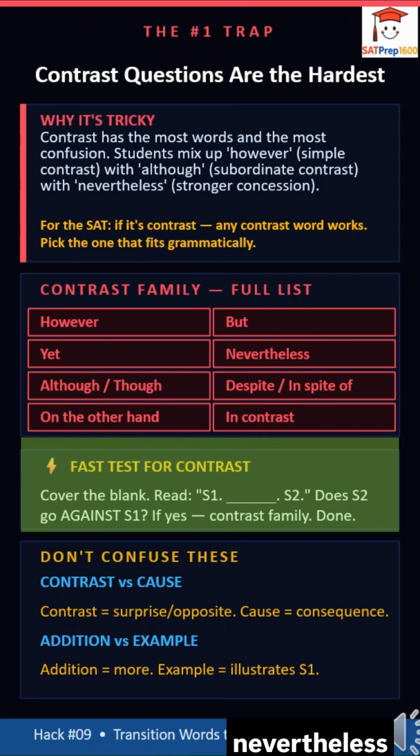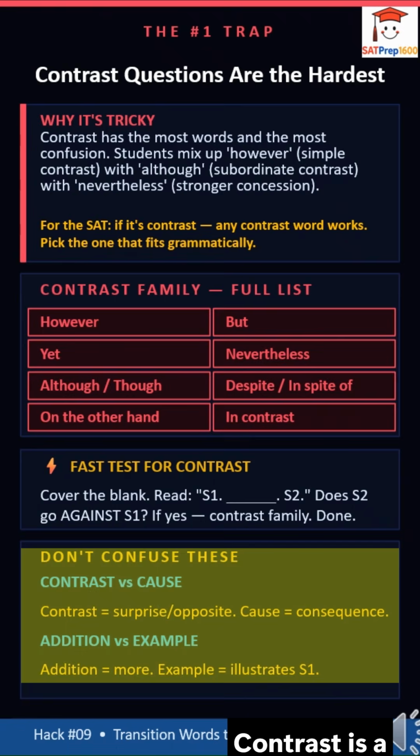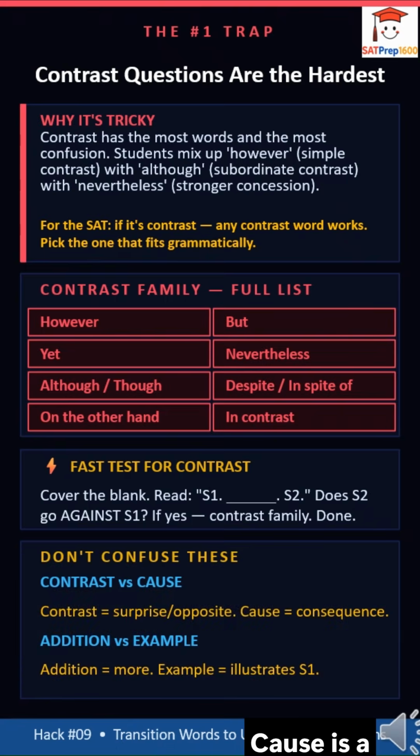Fast test. Cover the blank. Does sentence 2 go against sentence 1? Yes. Contrast. Done. The two confusions to avoid. Contrast versus cause. Contrast is a surprise, cause is a consequence. Addition versus example. Addition gives more of the same idea. Example gives a specific illustration of the claim.